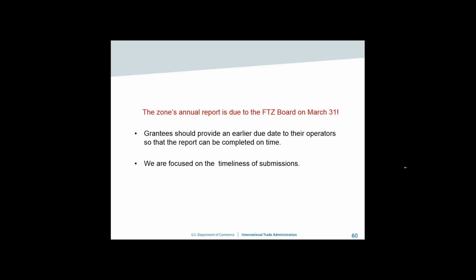Grantees, if you have not given your operators a date, it's a good idea to do so, to reach out to them. First of all, make sure they're aware of it, and then provide a date that you need the report submitted. The date does vary by zone, so if you're not sure what date your grantee needs it, reach out to them also if you're an operator.